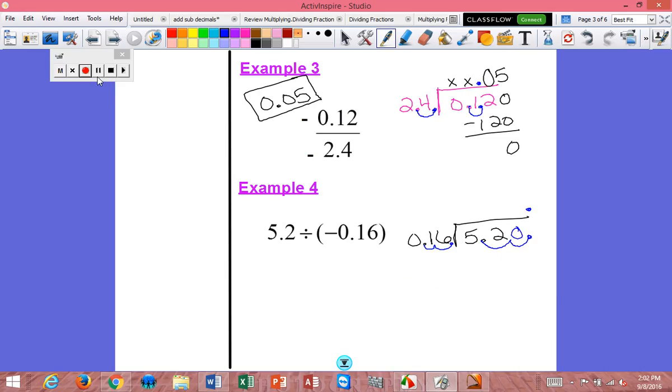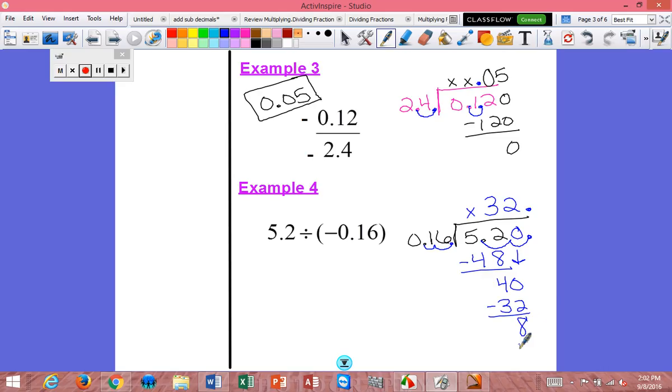Alright, 16 cannot go into 5, but it can go into 52 3 times, and that would be 48. Then we get a remainder of 4. And then I'm going to bring down this 0. 16 is going to go into 40 2 times, and that is 32.